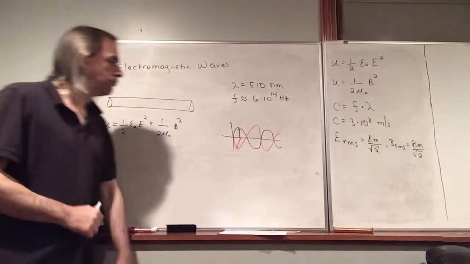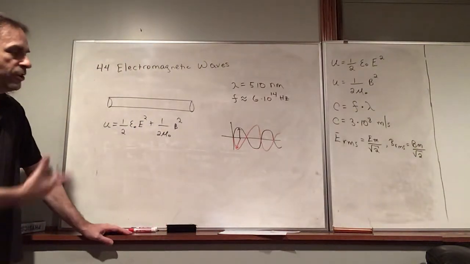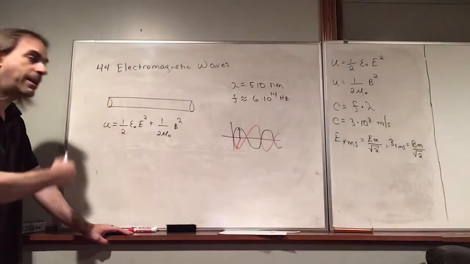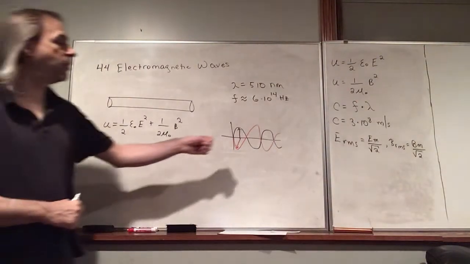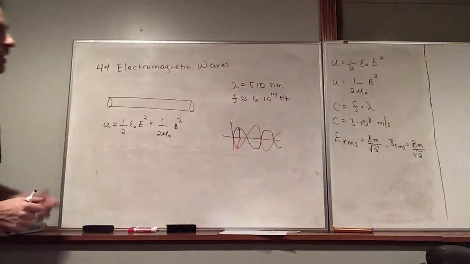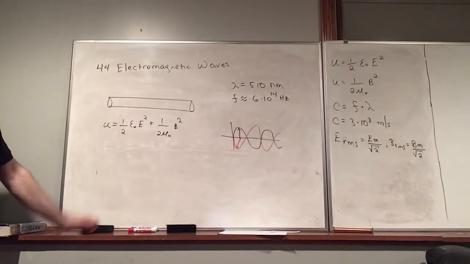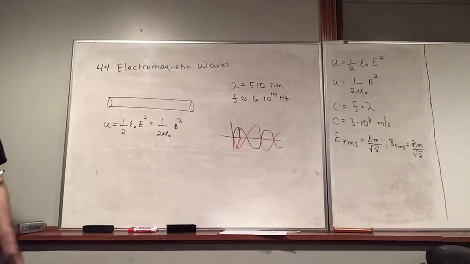So they're just changing back and forth. It's the changing electric fields that create the magnetic fields and the changing magnetic fields that create the electric fields. And the energy is stored evenly between them. So basically these two terms are equal to each other.